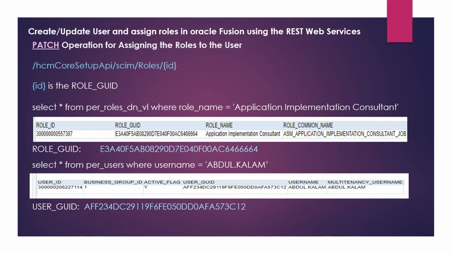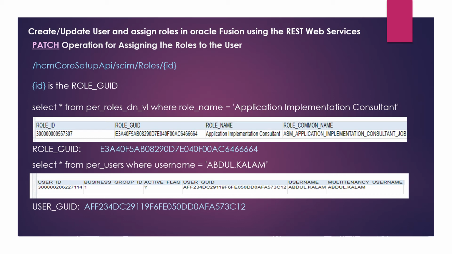In this case we created a user called Abdul Kalam, so we are going to query for that user and get the user GUID, and in the same way we are going to query per roles and get the role GUID.